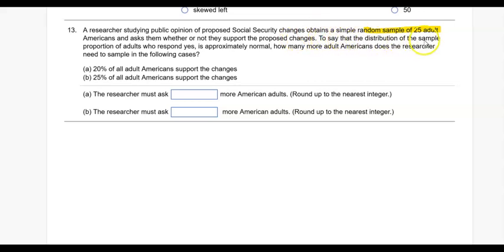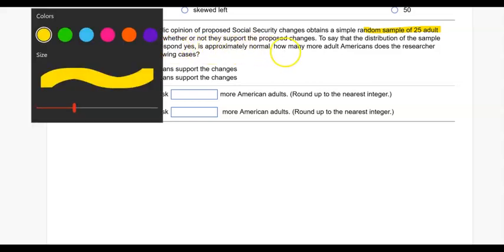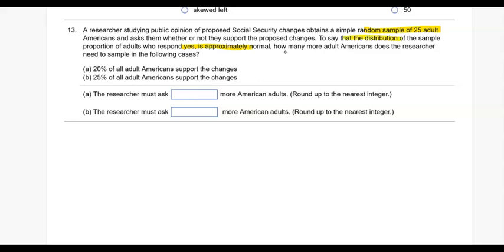To say that the distribution of the sample proportion of adults who responded yes is approximately normal, in other words, we want the sampling distribution of the sample proportion to be normal, how many more adults are needed? Looks like they sampled 25.